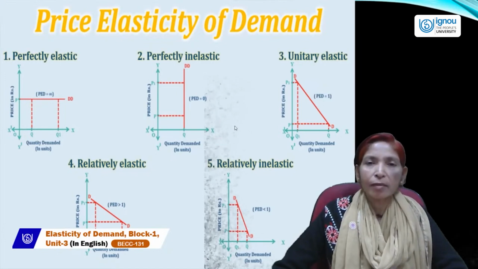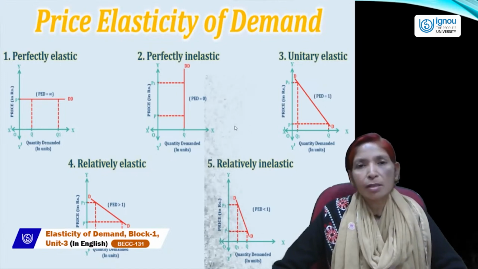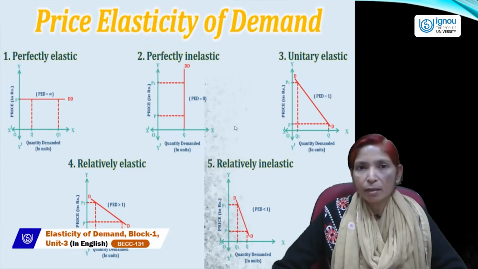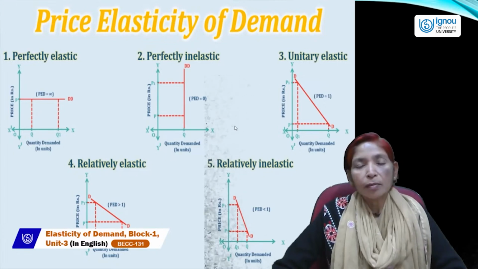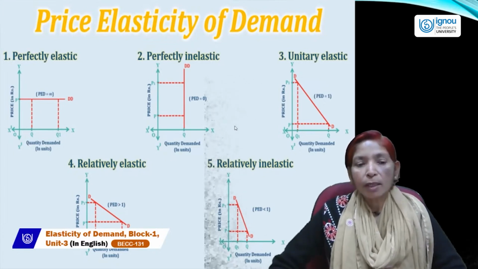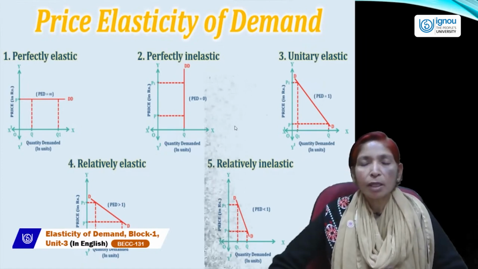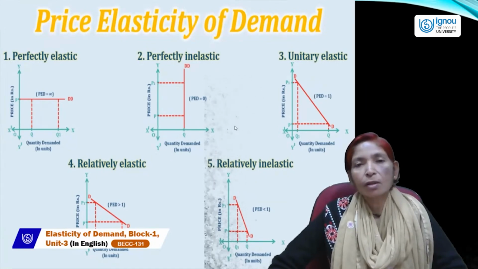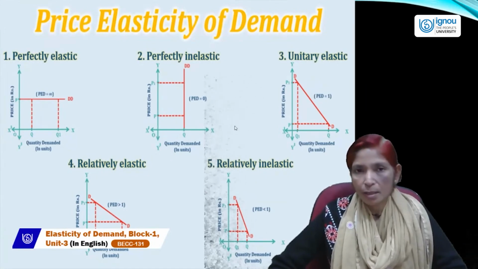And in case of relatively elastic or more than unitary elastic, the demand curve slopes downward, but it will be flatter because a larger percentage change in quantity demanded will occur due to a smaller percentage change in price. If price change is less but the quantity demanded changes more, that is called relatively more elastic.